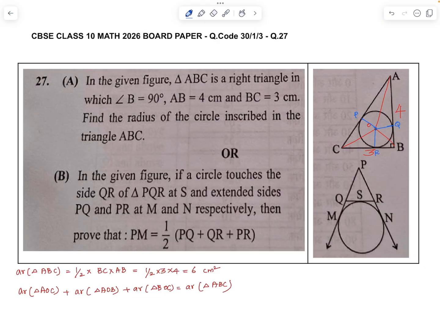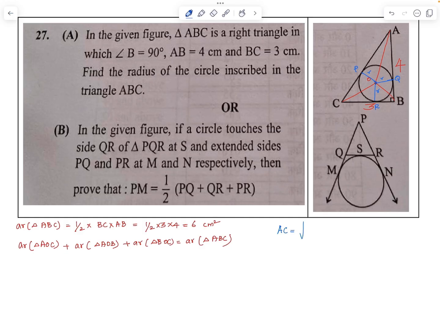OP, OQ, OR are all radius, so let us represent that with the letter R. To get the measurement of AC, AC is the hypotenuse of the triangle ABC, which is root of 3 square plus 4 square, which is root 9 plus 16, which is root 25. So AC is 5 centimeter.